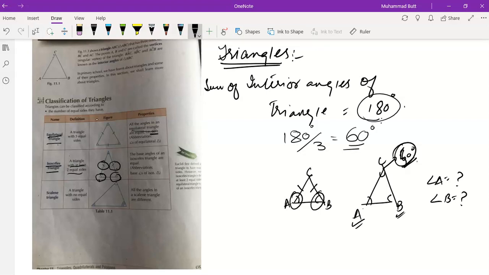So we can find out the sum of angle A and B. That would be 180 degrees minus 50 degrees equals 130 degrees. And then 130 has to be shared among angle A and angle B equally, because these two angles are equal. So 130 will be divided by 2 and we'll get angle A.